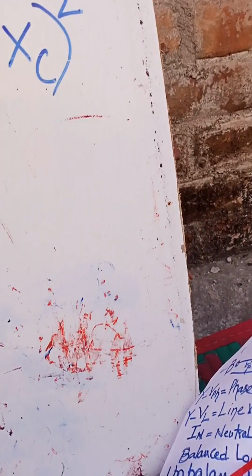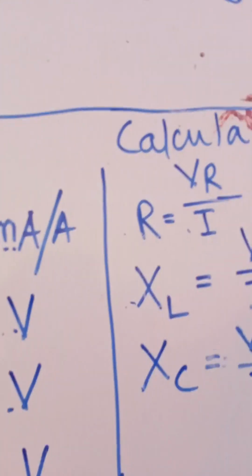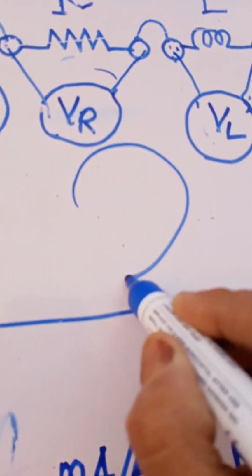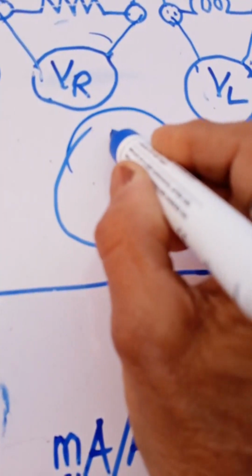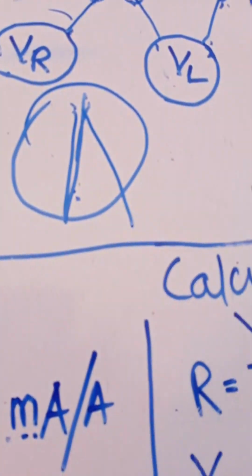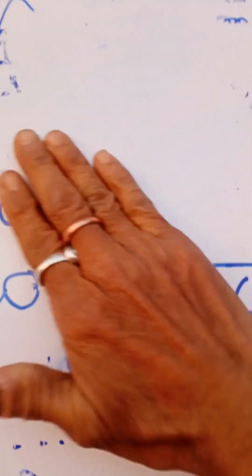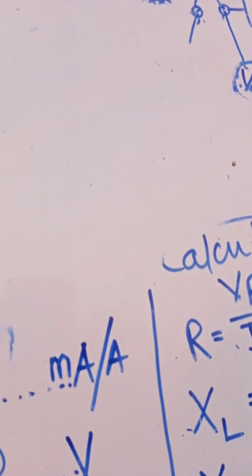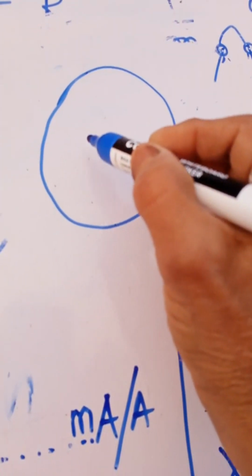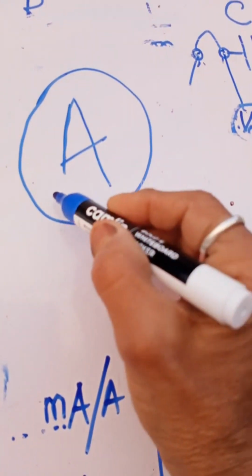You see here, I am showing one symbol. This is the ammeter.